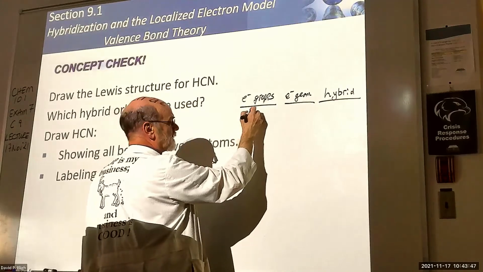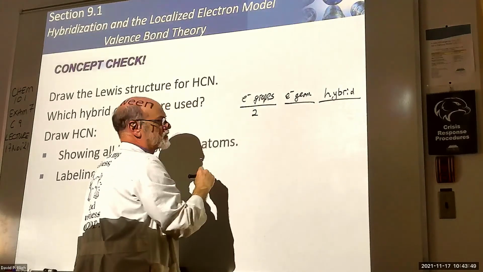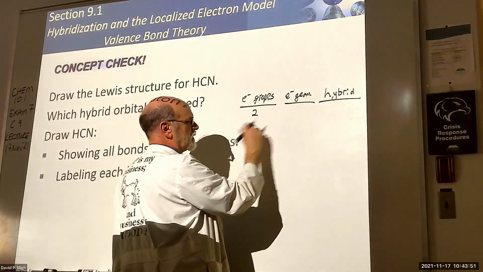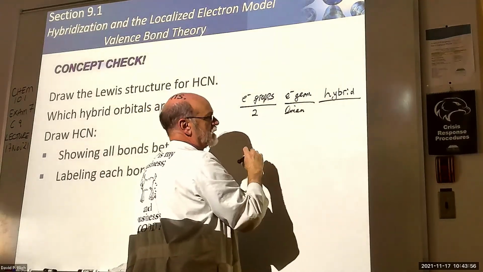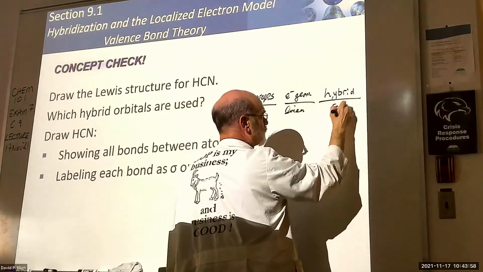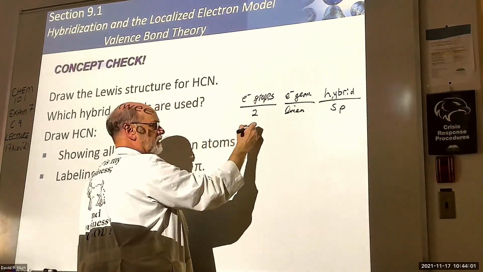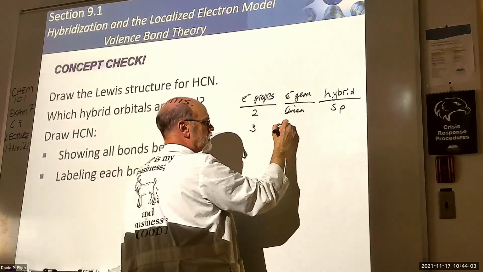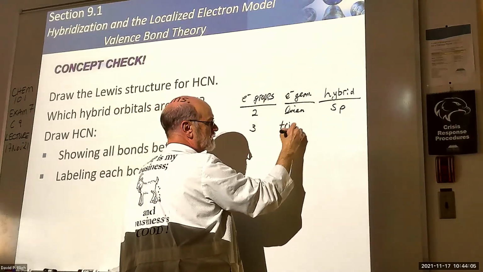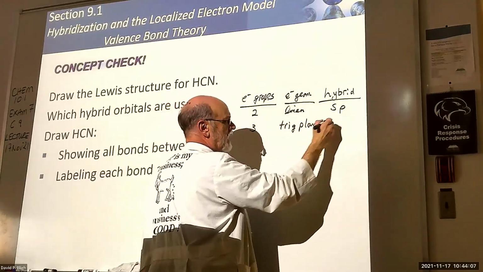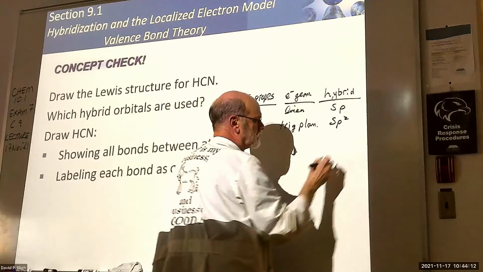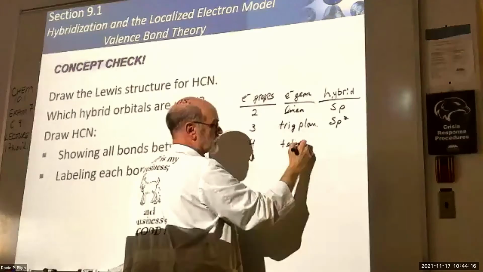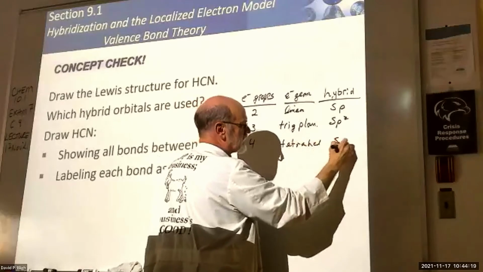So if we've got 2 electron groups, that means you're linear, and the hybridization would have to be sp. If you've got 3, then you're trigonal planar, and it has to be sp2. If you're 4, it's tetrahedral, and we're still talking electronic geometry. Tetrahedral has to be sp3.